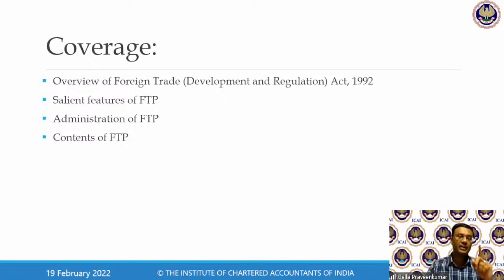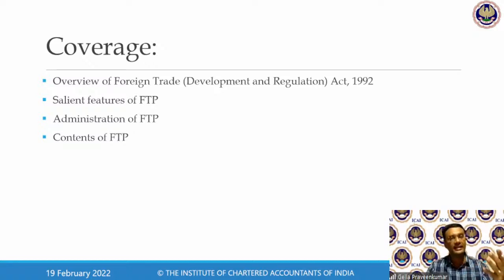In the examination, a one-mark MCQ question will be asked: IEC code is a 15-digit code? IEC code is a 12-digit code? The answer would be IEC is a 10-digit code. Now, IEC is a must for getting into the regulations of DGFT-related provisions.